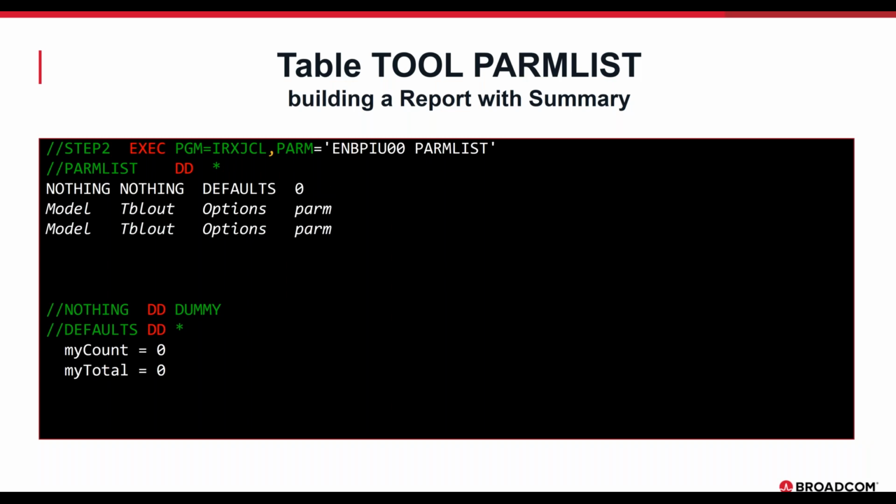In this case, the DD name for the model and the DD name for the table out are the same, and you can see them on the same step where the parm list appears, and it's just simply a DD with DD dummy, which means nothing happens. And you see the parameter value is a 0. That means we're not expecting to read or write any records. The only thing that happens in that pass is that the rec statements and the defaults are executed.